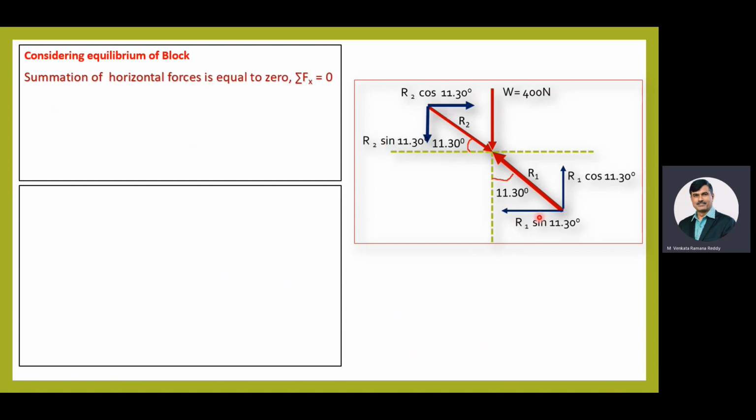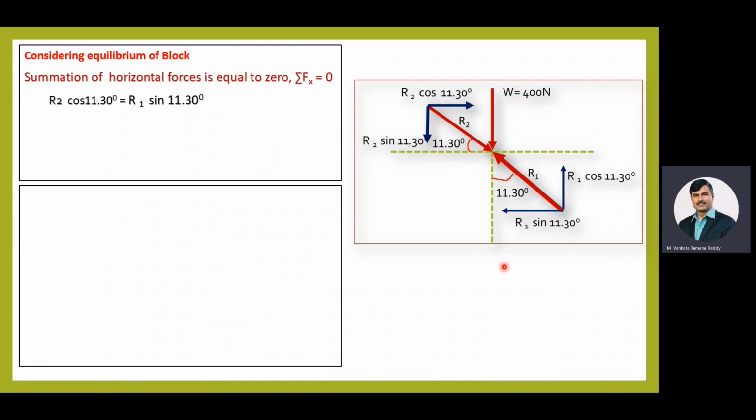Here the horizontal forces are R1 sin 11.30 degrees and R2 cos 11.30 degrees. Here the leftward forces we are considering as negative, rightward forces as positive. Then R2 cos 11.30 degrees minus R1 sin 11.30 degrees is equal to 0.